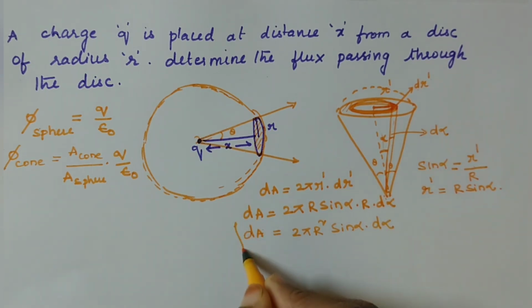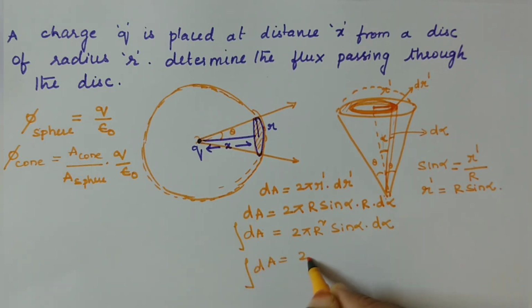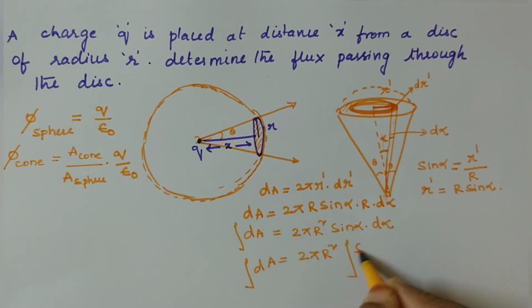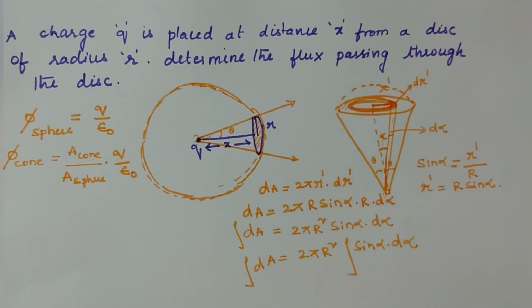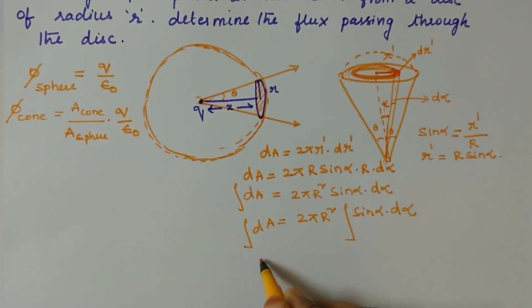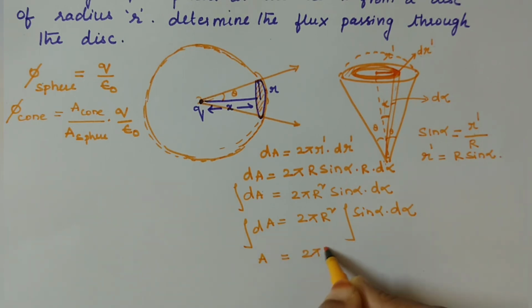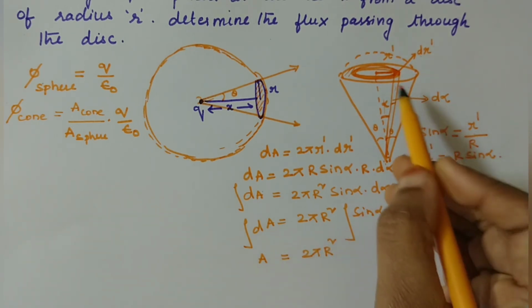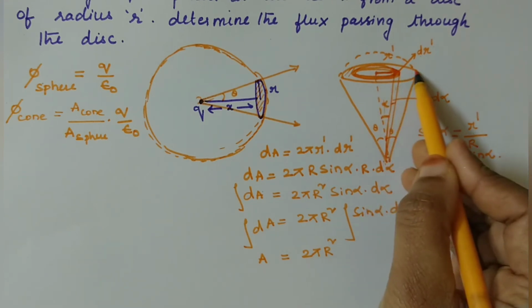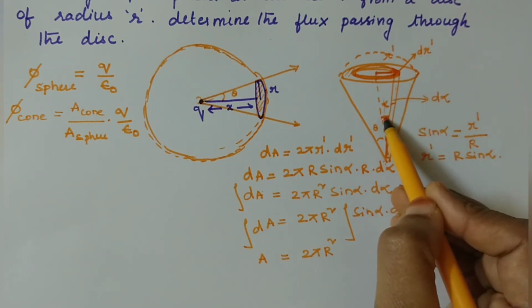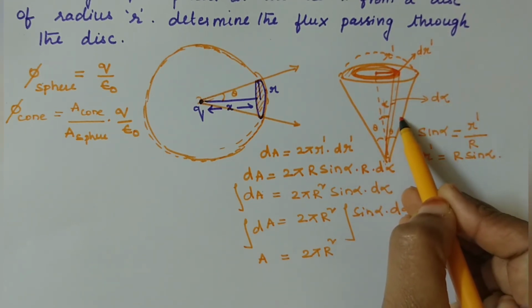We need the total area, which is obtained by integration. Integral of dA would be 2 pi R square integral of sine alpha into d alpha. When I integrate this relation, we will get the total area as 2 pi R square, the limits of integration. From center till this point, angle alpha changes from 0 to theta.